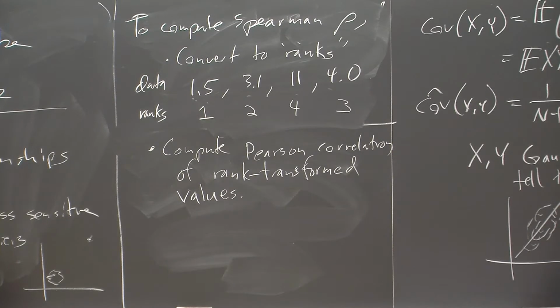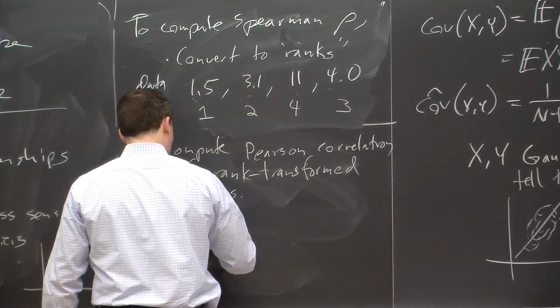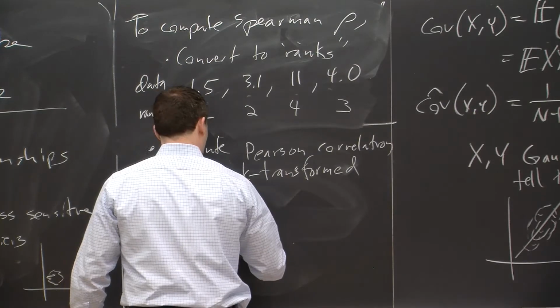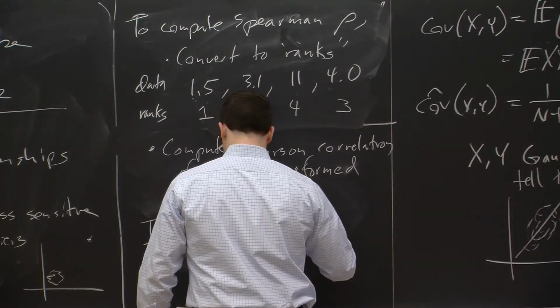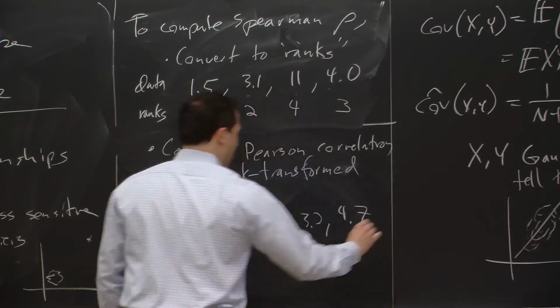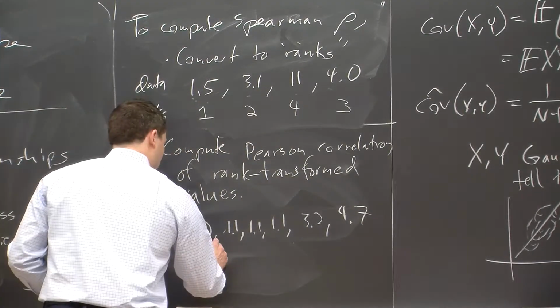There's one funny thing that can happen. What happens if I have ties? Suppose my data was 0, 1.1, 1.1, 1.1, 3.2, and 4.7. Then the encoding that I use is this one still gets rank 1.